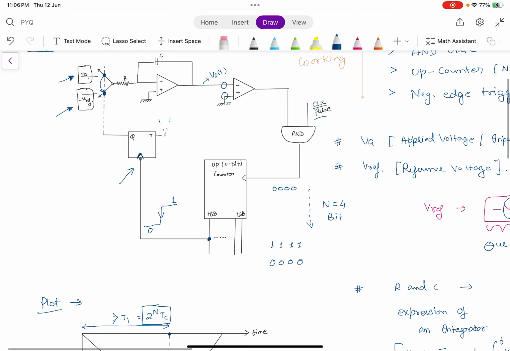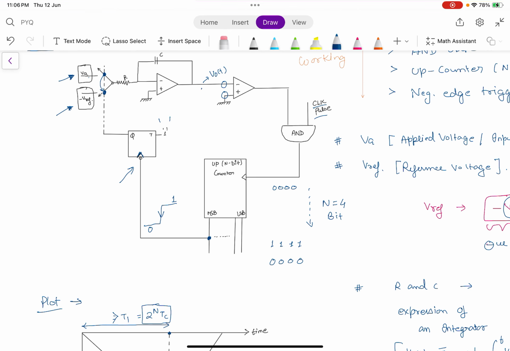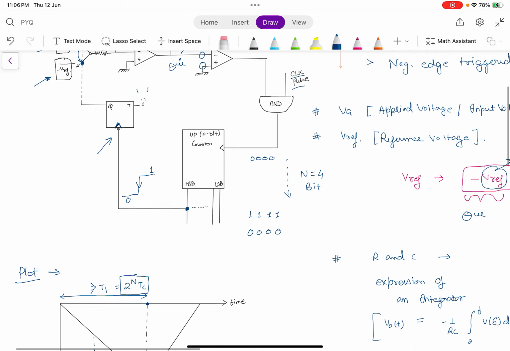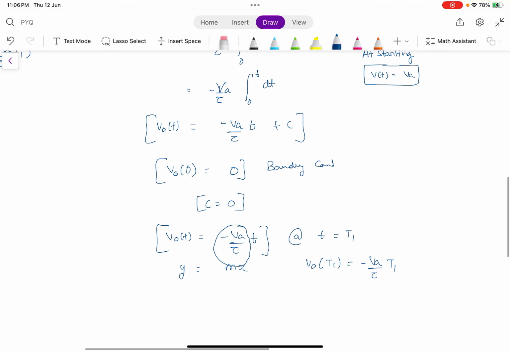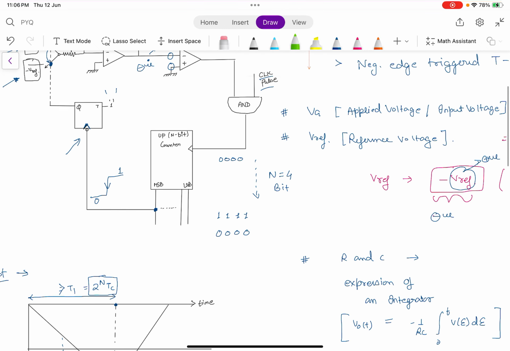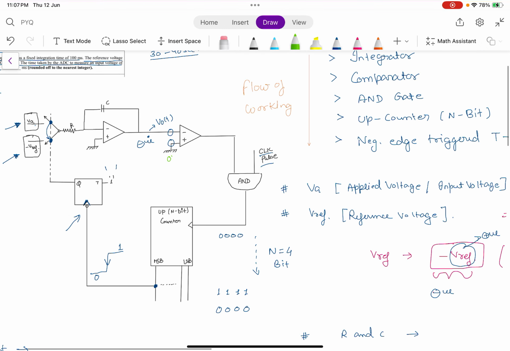As soon as this value comes out negative, because Va is a positive quantity, tau is positive, and t is also positive, increasing, the overall value is going to be negative. So V naught comes out negative here, and this is your ground. So comparator output will be non-inverting, which is logic 1. That means the clock signal will be supplied here.